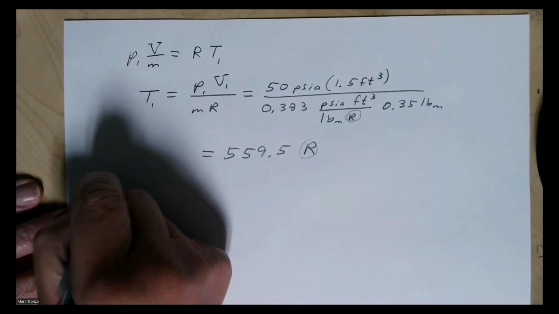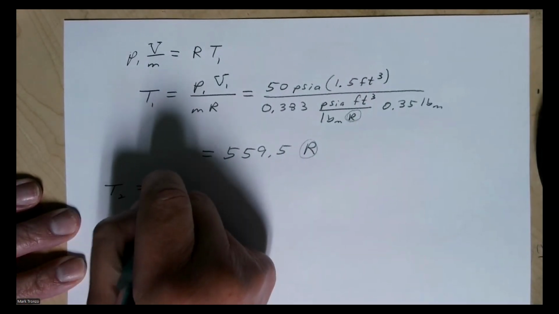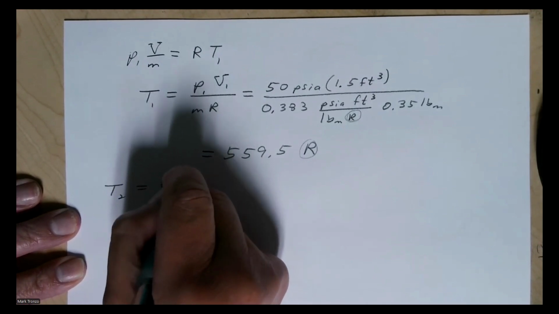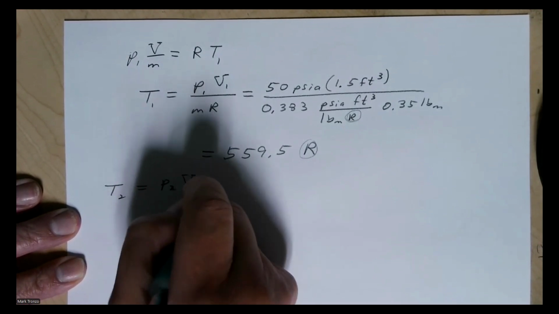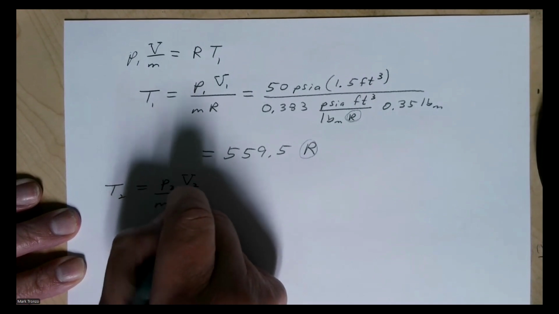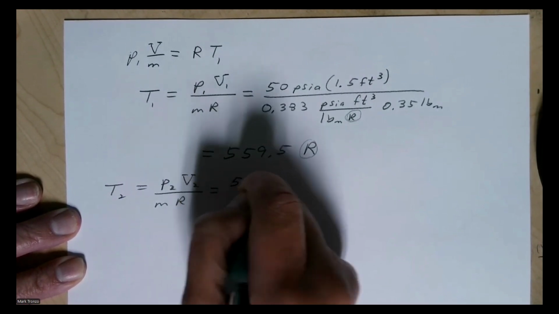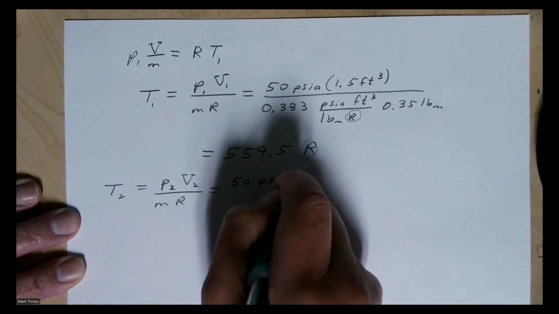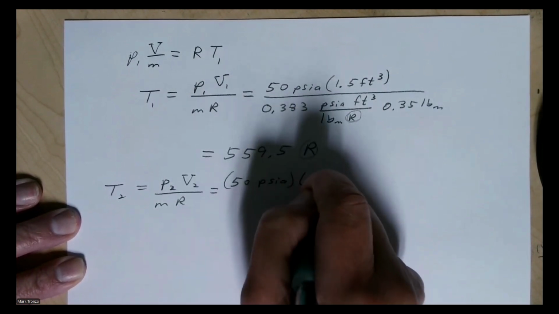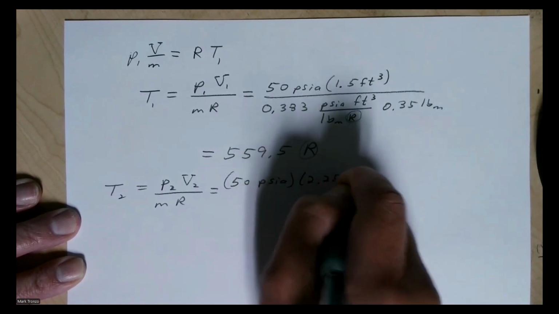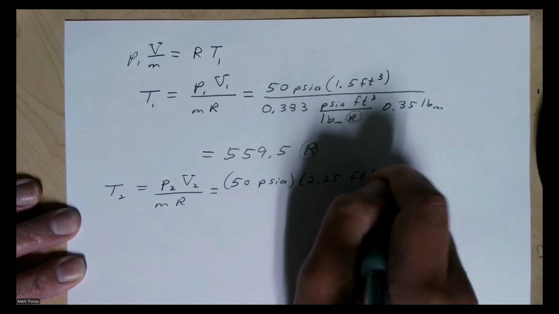So just have to be mindful of those, that those are different. So then we can also solve for T2. And again, the pressure is constant. And the new volume is 2.25.